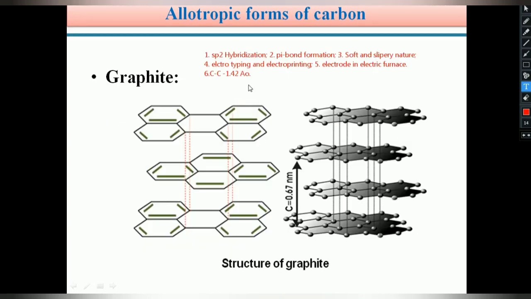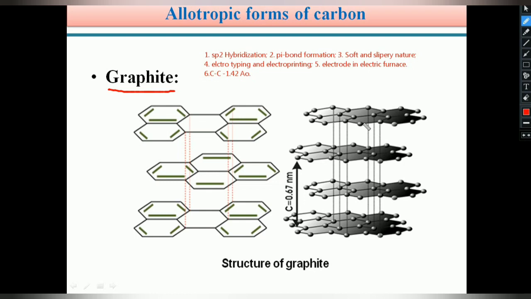Next crystalline form of carbon is graphite. Students, graphite is the next crystalline allotrope of carbon. Interestingly, in graphite, the hybridization of carbon is sp2. Students, in graphite, each carbon is attached with three other carbon atoms. It forms three covalent bonds with three carbon atoms.